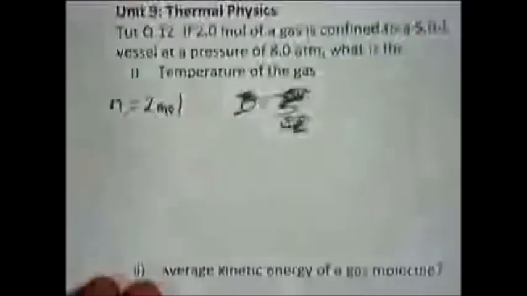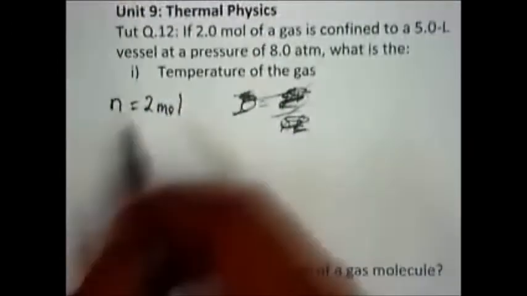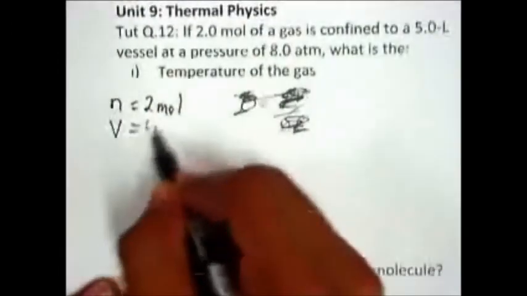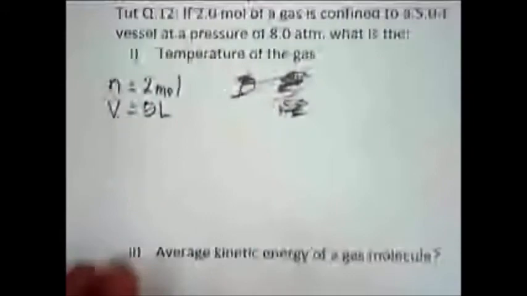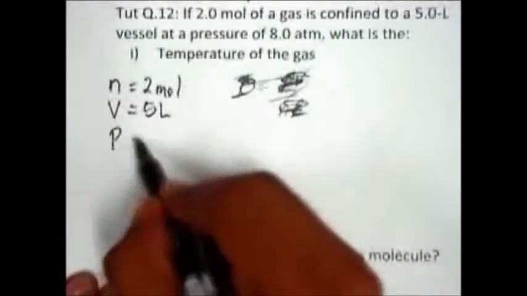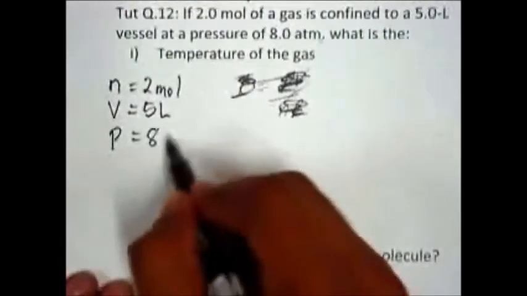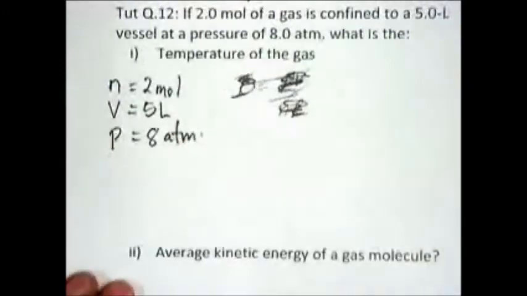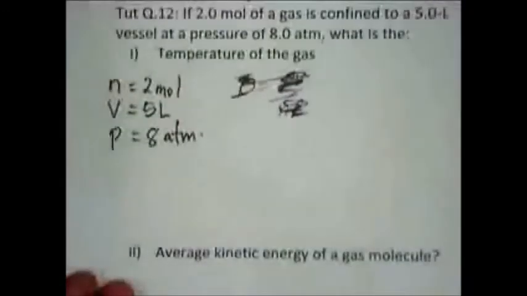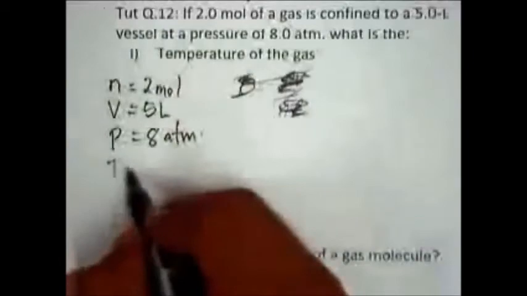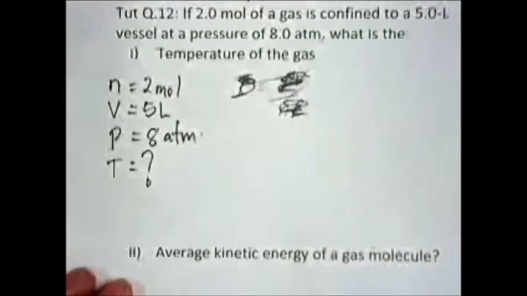Okay. Confined to a 5-liter vessel, so your volume is equal to 5 liters. Okay. And pressure is equal to 8 atmosphere. Now you have to find what is the temperature of the gas.